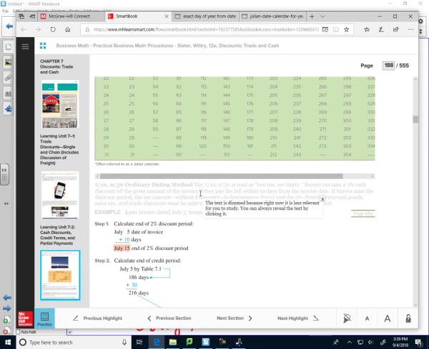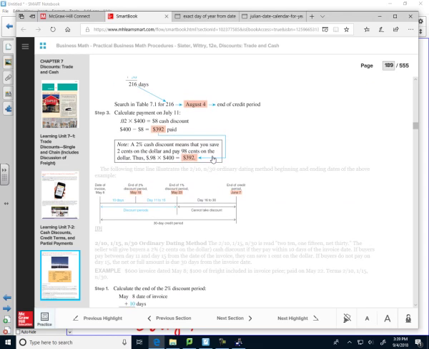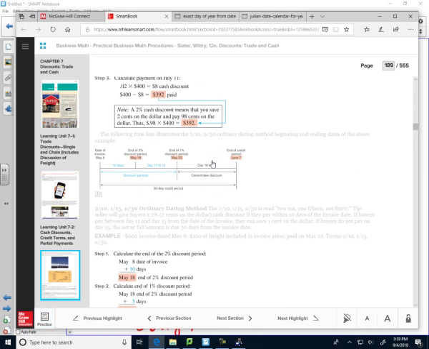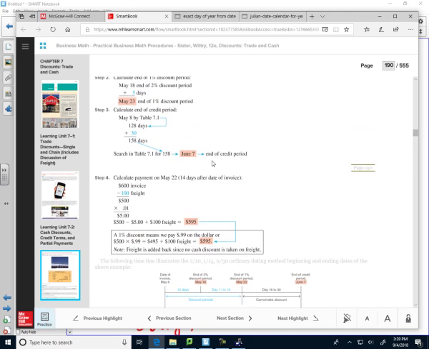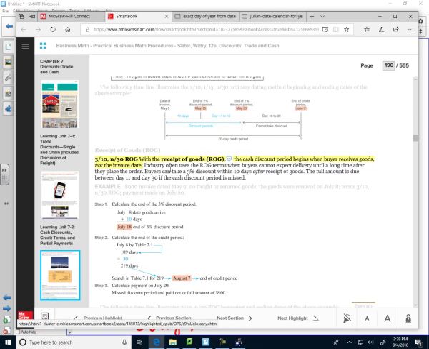So what we did today was just an example of ordinary dating. There are some wrinkles on this, and this is one of them right here. Notice it says 3/10 net 30 ROG. ROG stands for receipt of goods.